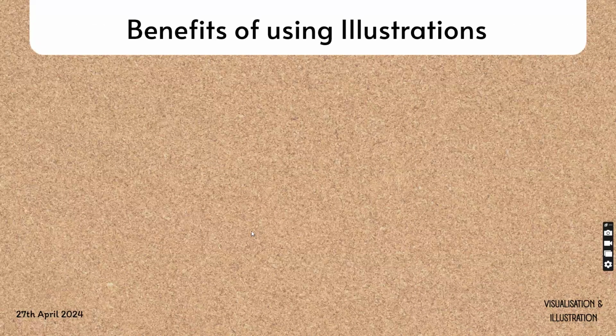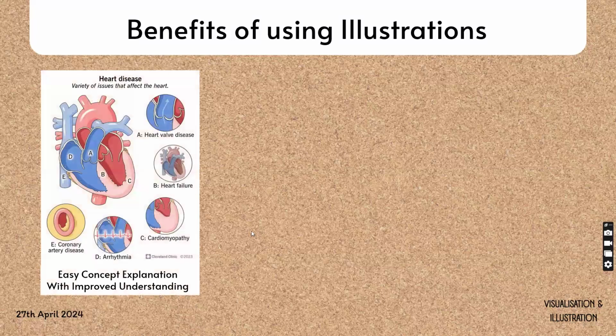So, what are the benefits of using illustrations in our work or in our daily digital media or advertisement? It's very difficult to show heart functioning or heart diseases with actual images.